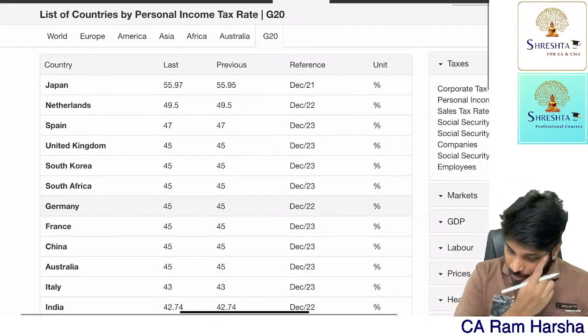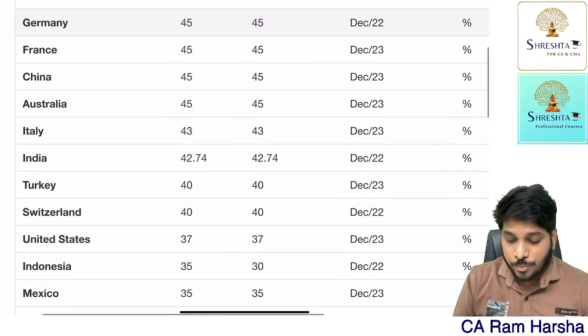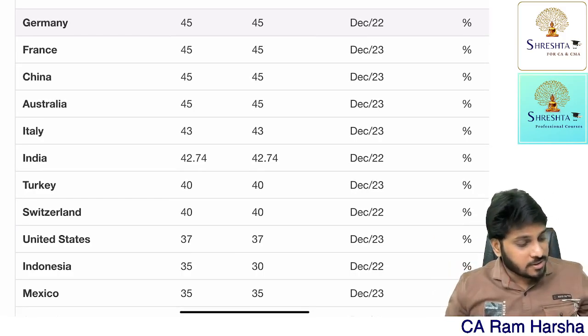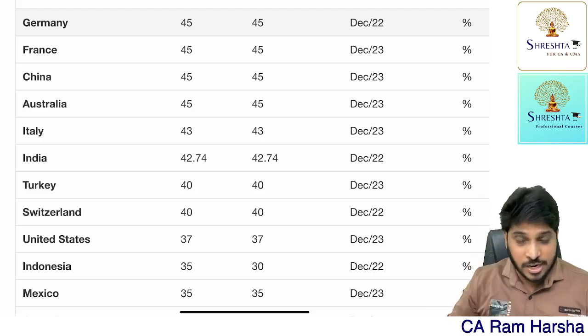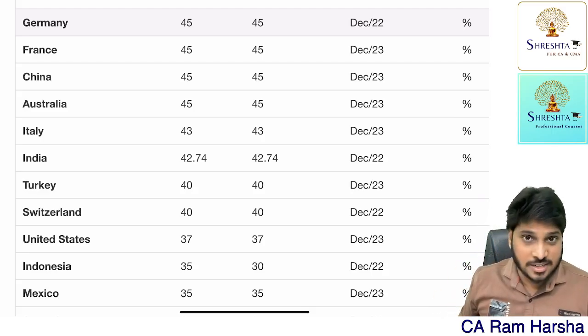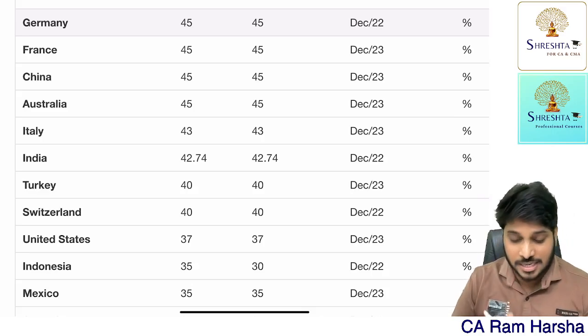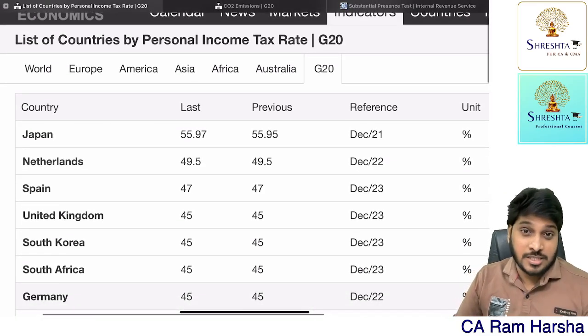We generally think that India has the highest tax rate. India is charging 42.74% maximum tax on individuals. How did 42.74 come? 30% is the maximum tax rate for individuals plus 37% surcharge plus 4% cess, equal to 42.74%. Contrarily, Japan is charging 56% tax.